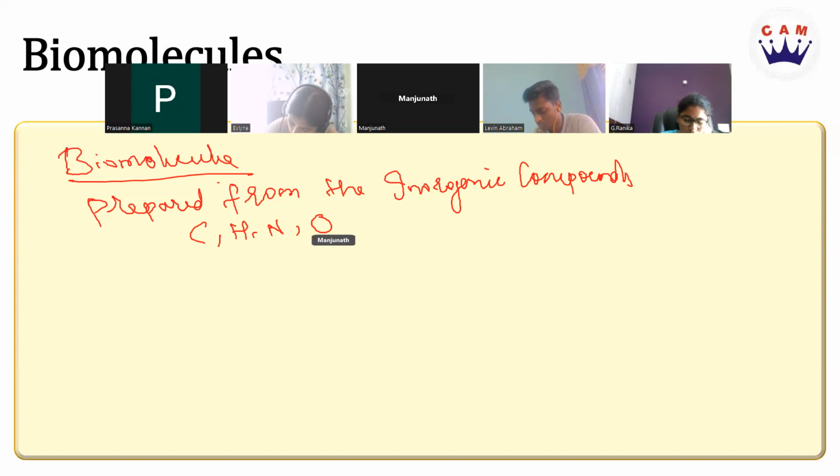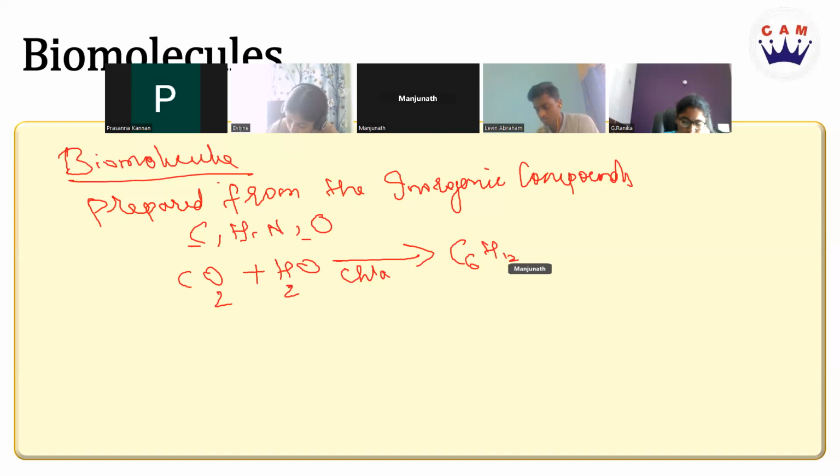These are the four inorganic elements that give rise to the organic compound. Carbon and oxygen is present as carbon dioxide, and hydrogen and oxygen is present as water. The carbon dioxide and water will condense together with the help of the chlorophyll pigment during photosynthesis, resulting in the synthesis of the glucose, C6H12O6, in the plants.